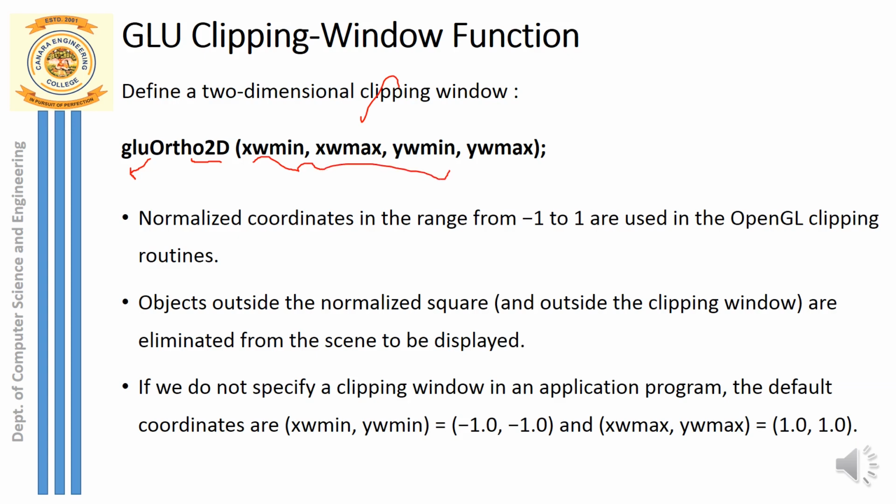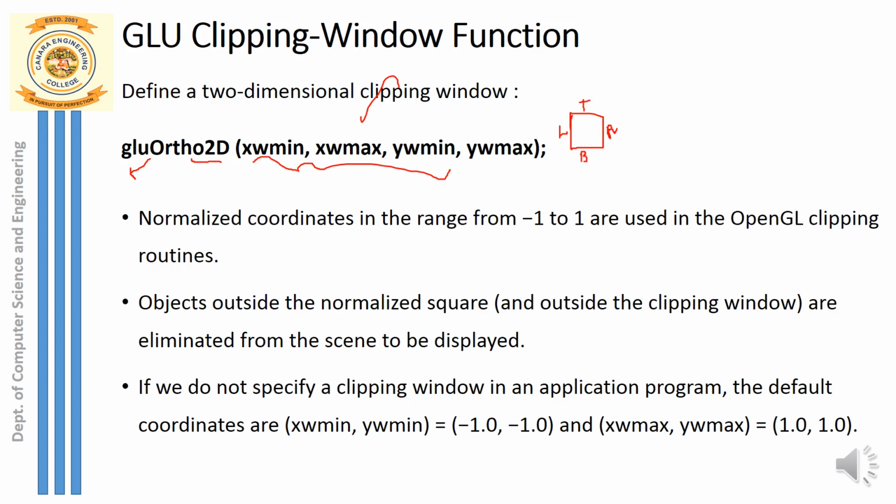So what is a clipping window? It's nothing but a rectangle in shape, with 4 boundaries. You start from the left boundary, then move to the rightmost boundary, then the bottom boundary, and then you end up with the topmost boundary.